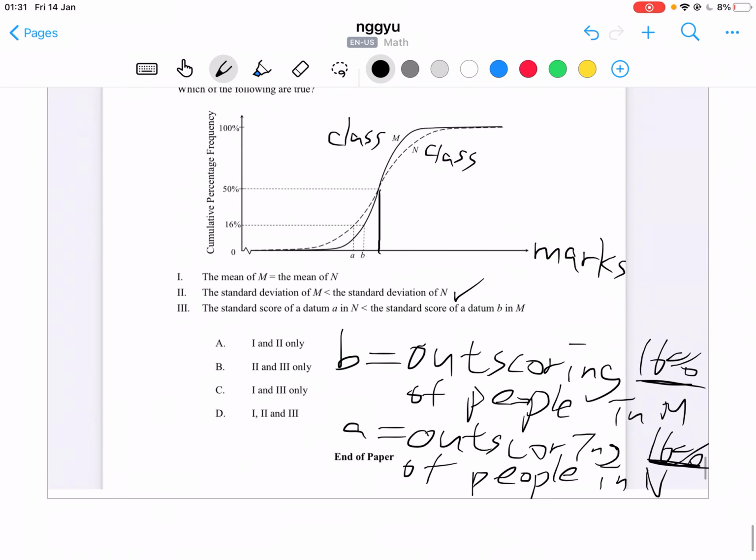That means the standard score of a datum A in N should be, instead of smaller than, equal to the standard score of a datum B in M, because they outscored the same percentage of people in the class. So statement number 3 is wrong. They should be equal. So the answer is A.